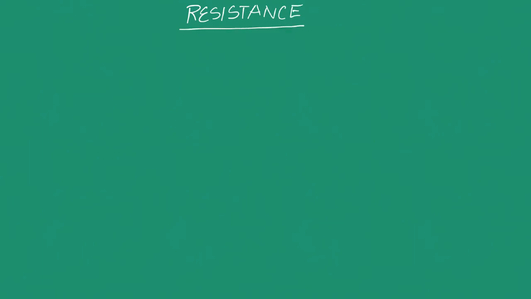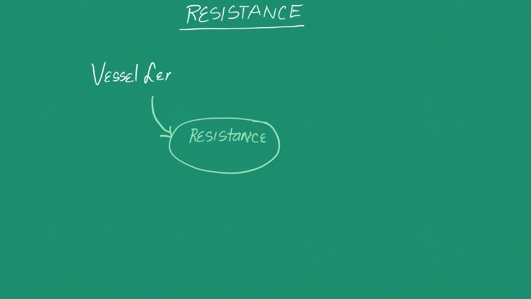Vessel length has to do with how long a blood vessel is. If a blood vessel increases in length, what happens is that the blood must flow through it through a longer distance. So this would actually slow down the flow because the resistance has increased.